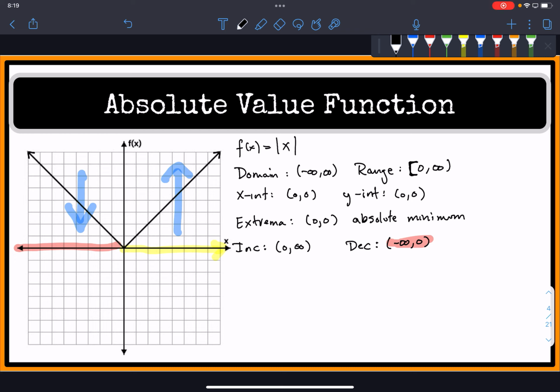Moving on to the end behaviors. As x approaches negative infinity, so to the left, the function is pointing upwards, so the function is approaching positive infinity. And as x approaches positive infinity to the right, the function also approaches positive infinity. Again, the two ends are pointing upwards.